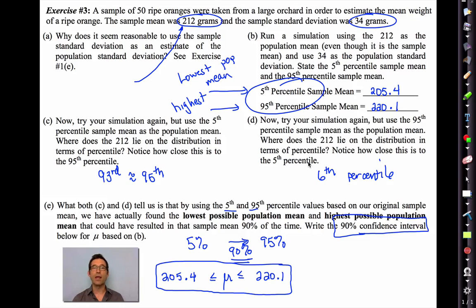That's a pretty broad range, but I'm now able to infer something about the population from results that I got from a sample, right? I can't say for certain at all what my population mean is, but I can say with 90% confidence that it lies somewhere between 205.4 and 220.1. All right, we'll pause the video and write down anything you need to.